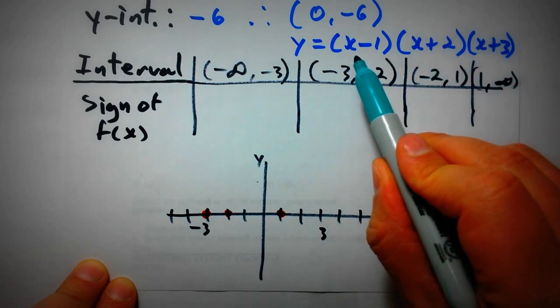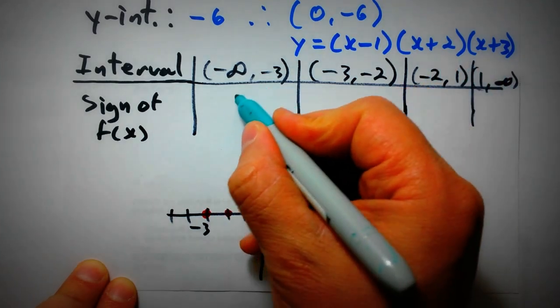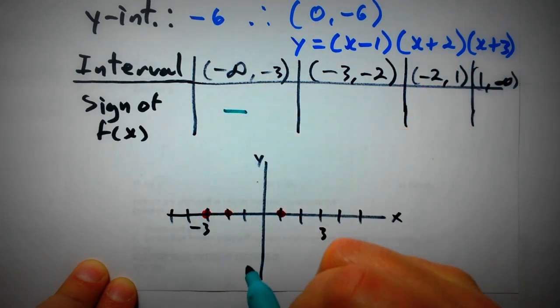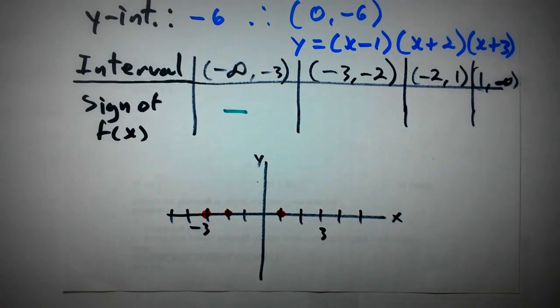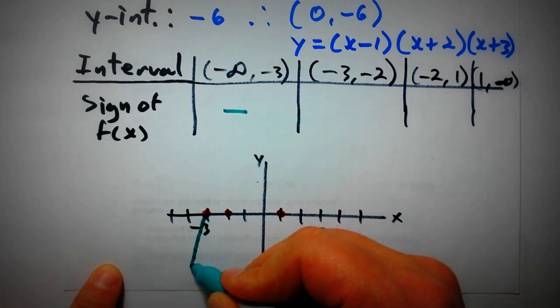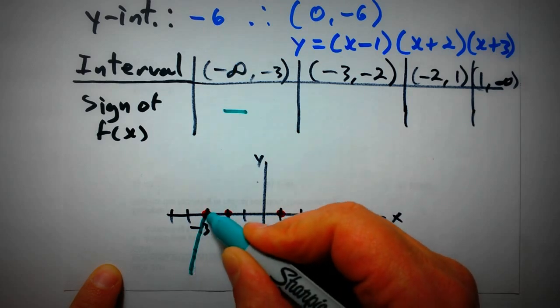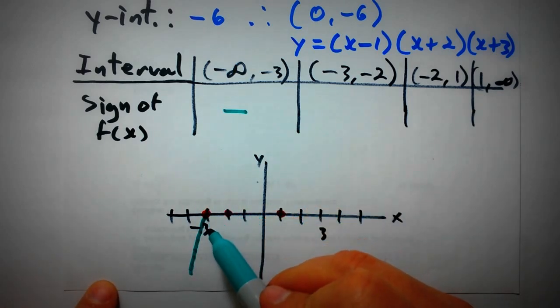So negative times negative, positive times negative, gives negative. So to the left, that range is going to be below the x-axis. I'm just doing a rough sketch, and you can make it a little more accurate on your grid.